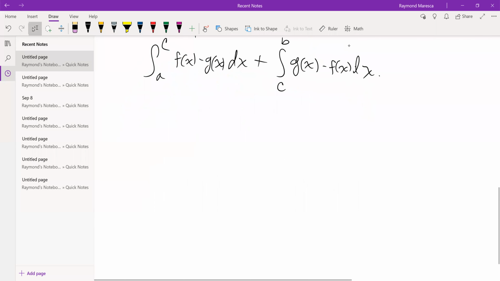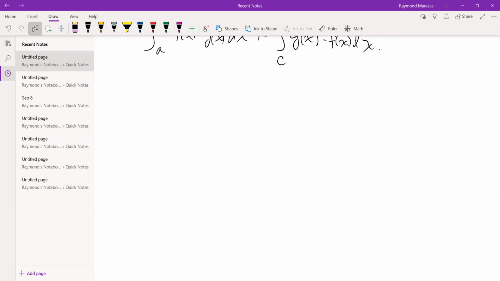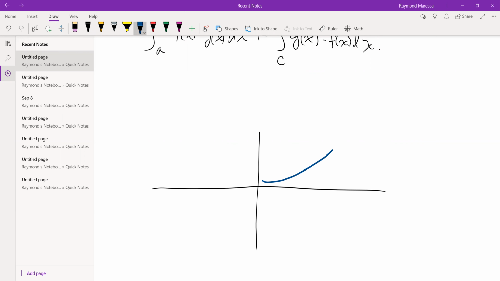So lastly, one more area to consider is if we had something that looked like this. So we have this blue function f, and we have this red function g. And let's say we want to find this area here. Okay?